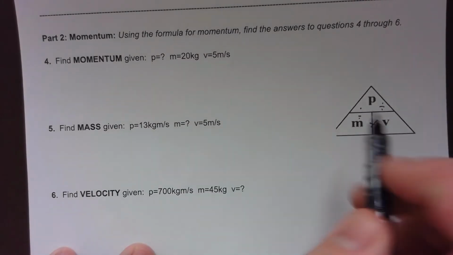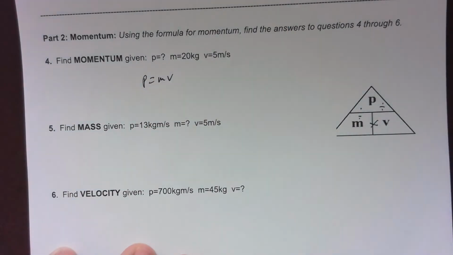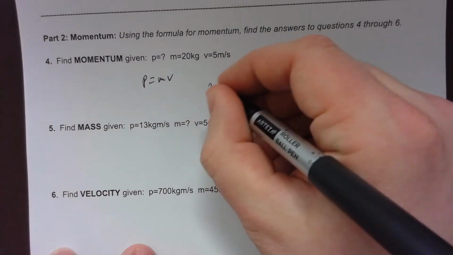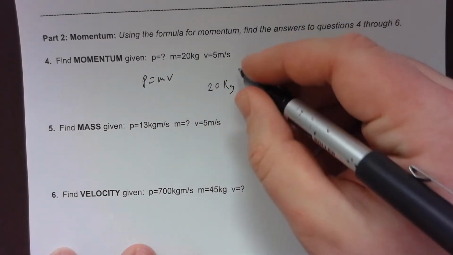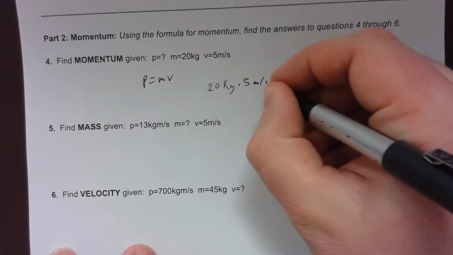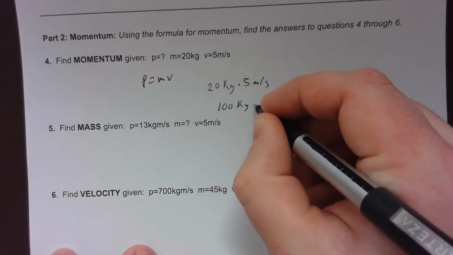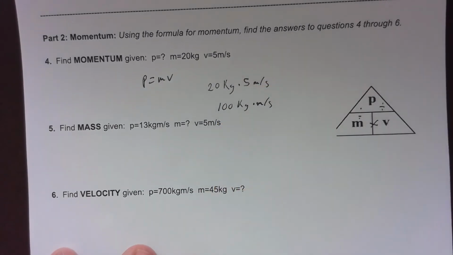Alright, so P equals M times V. So I take my 20 kilograms, multiply it by 5 meters per second. So it gives me an answer of 100 kilograms meters per second. Okay, that's the unit we use for momentum, so that's perfectly fine.